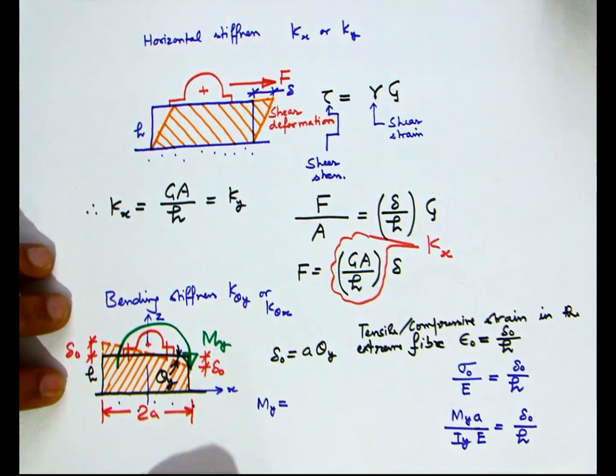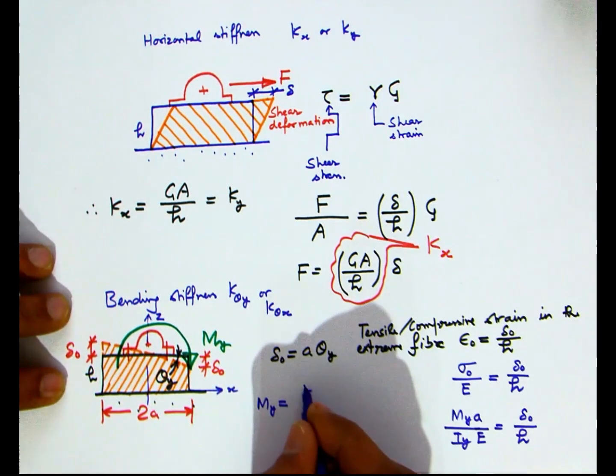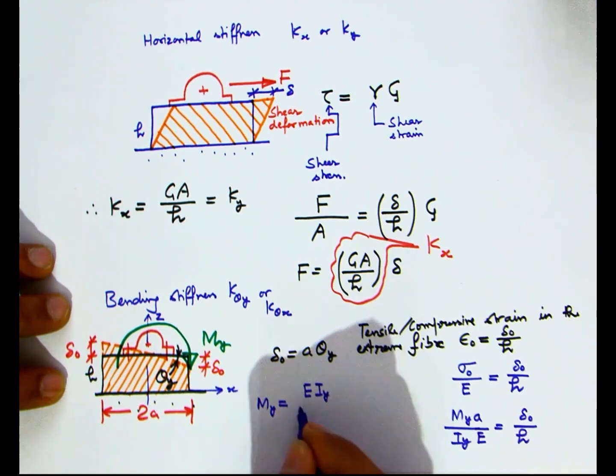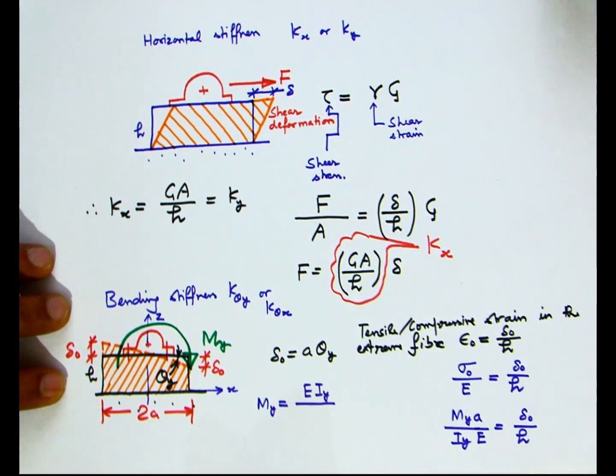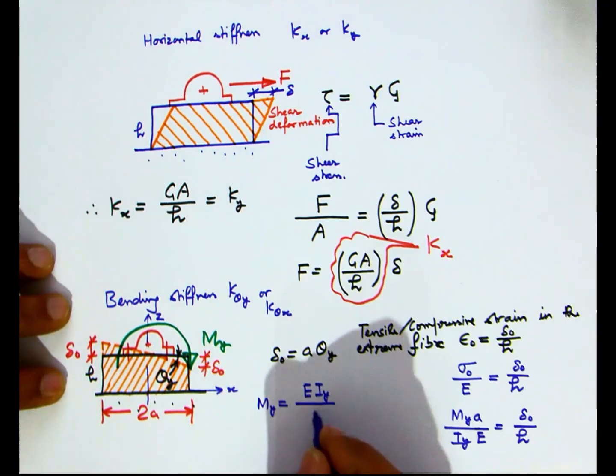for the bending stiffness of the elastic pad. So basically this relates the applied bending moment with the angle of rotation.